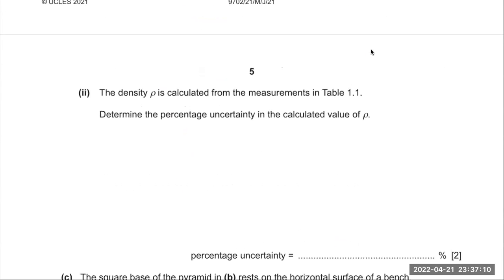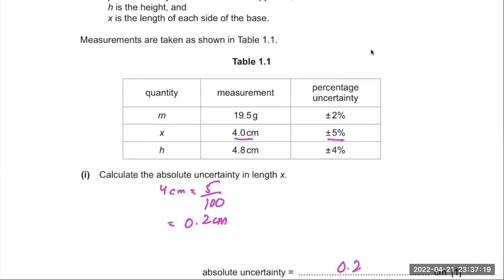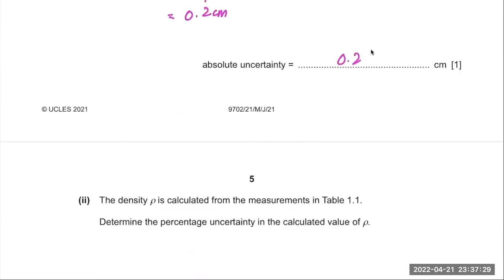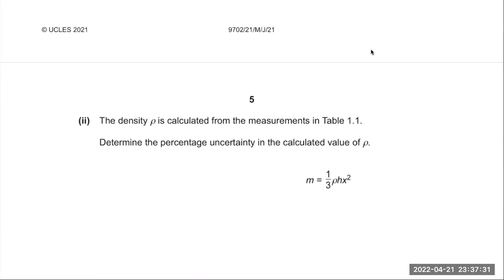Part 2 says the density rho is calculated from the measurements in table 1.1. Determine the percentage uncertainty in the calculated value of rho. So what is the percentage uncertainty in the calculated value of rho? Given that this here is the equation, let's have the equation here.